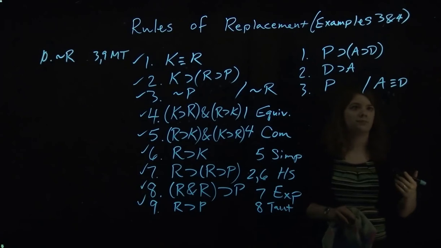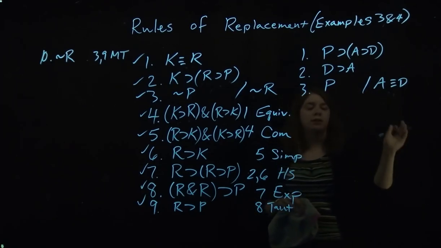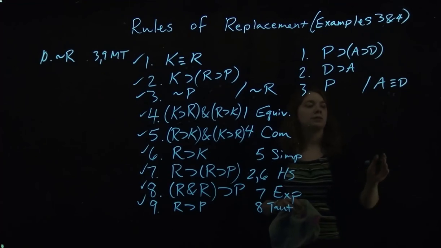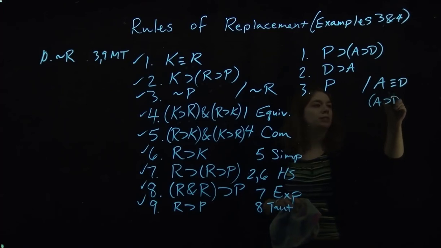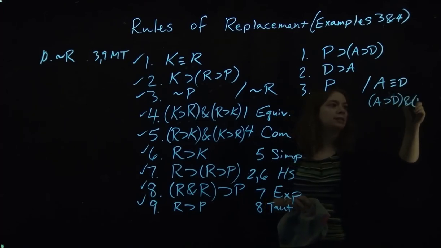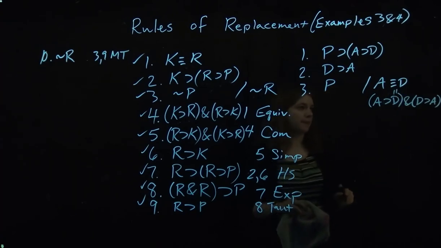Now again, there are two ways of converting it, but given the conversion that has all the conditionals, this is basically saying A horseshoe D and D horseshoe A. That's the equivalent here.